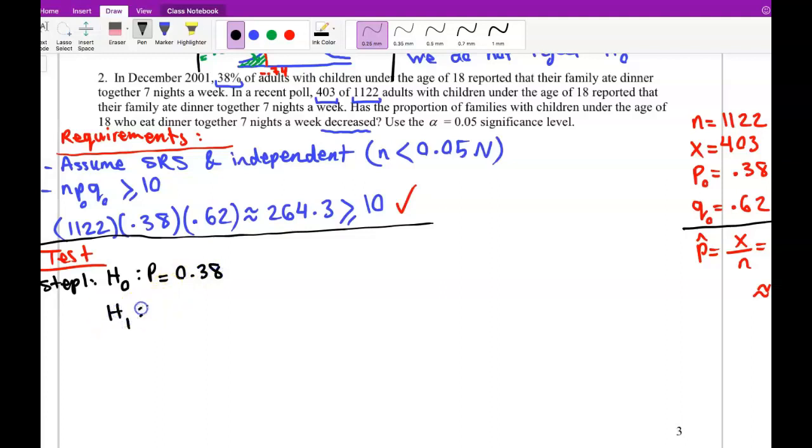Now what is the alternative? Since it's asking whether the proportion p of families with children under age 18 who eat dinner together 7 nights a week decreased, we're going to use less than. So p less than 38%. So that is step 1.